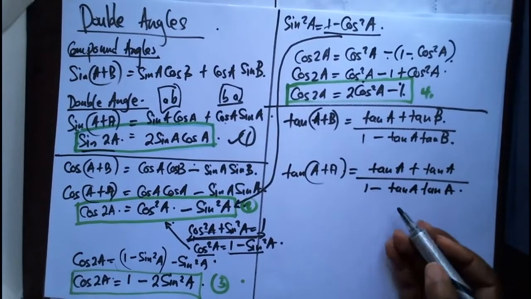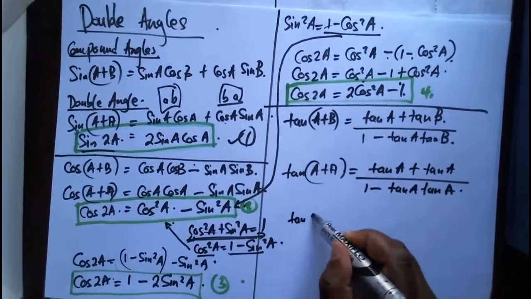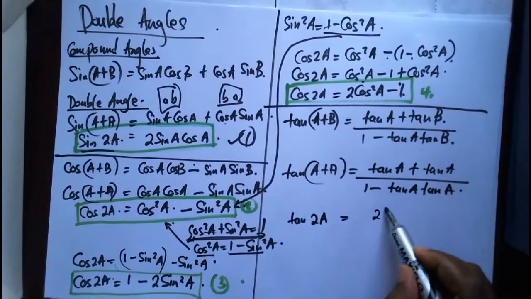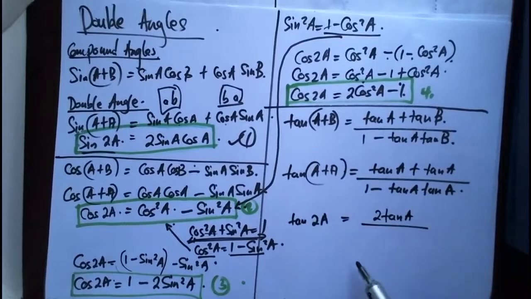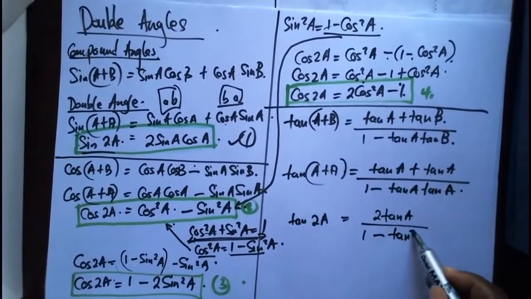So now we can simplify. Tan 2A is equal to, what is tan A plus tan A? It becomes 2 tan A over 1 minus, tan A times tan A is tan squared A.